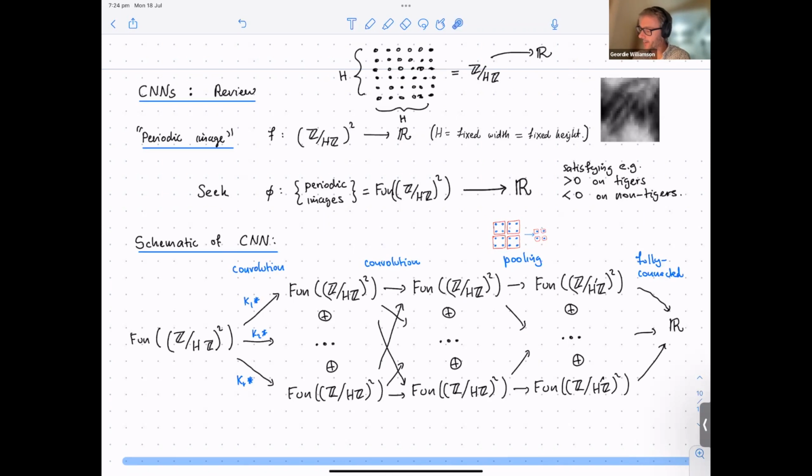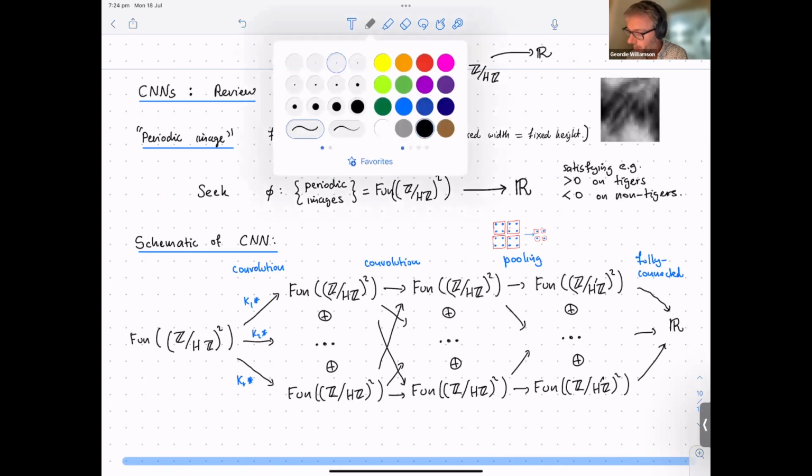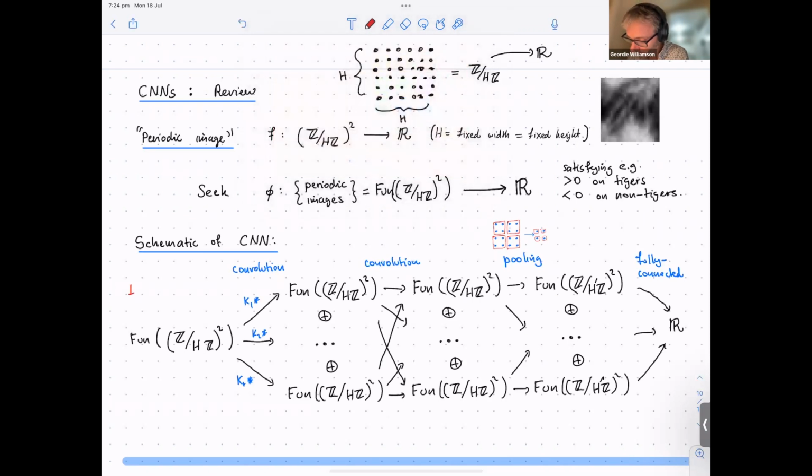And here is a schematic of what happens in a CNN. This is our input, and then we apply various filters.